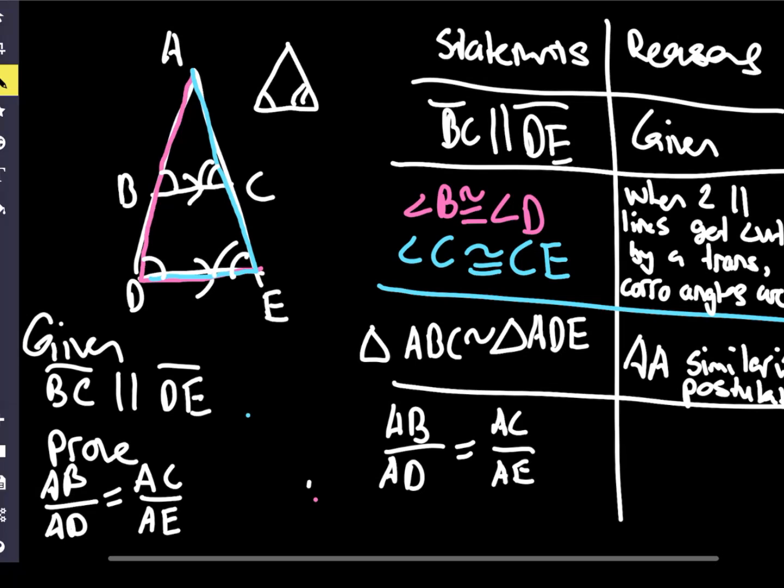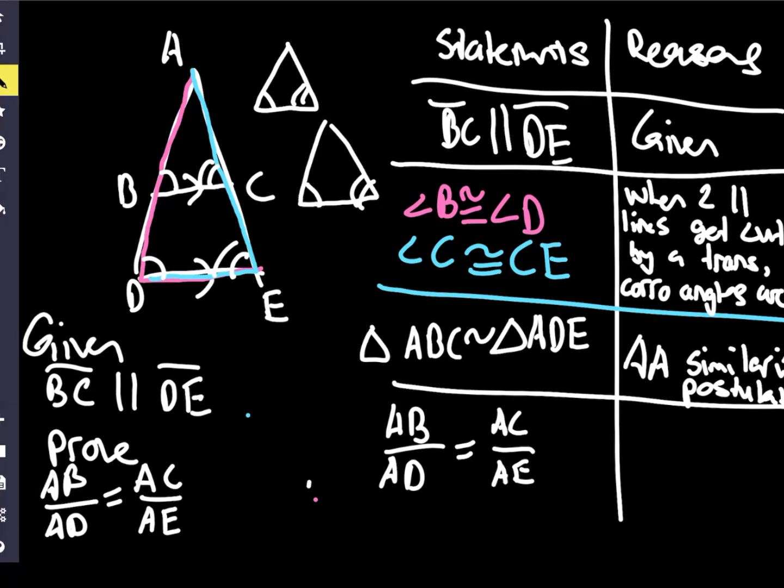So these two angles are here, and then on this big triangle, these two angles are here. So this side, from here to here, is going to be in proportion to this side in the other triangle, from here to here, aka AB divided by AD. And that's going to equal this whole side, this AC side, divided by this whole side, because it's in proportion.